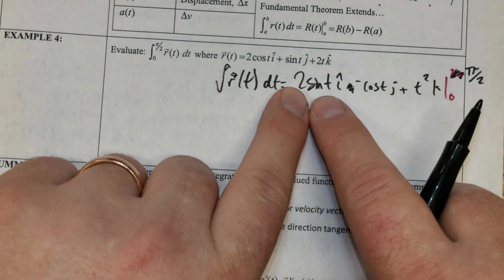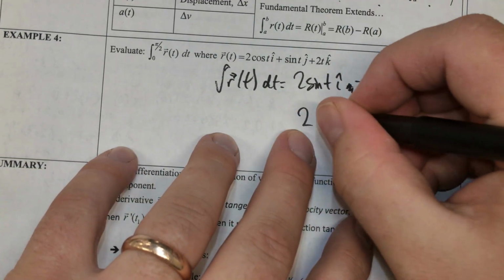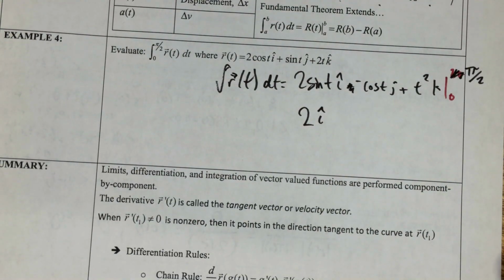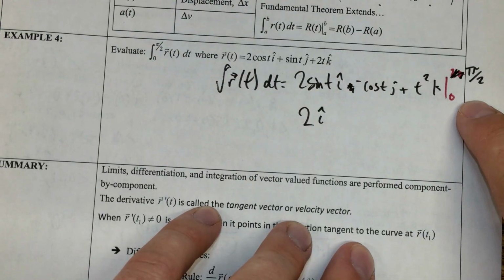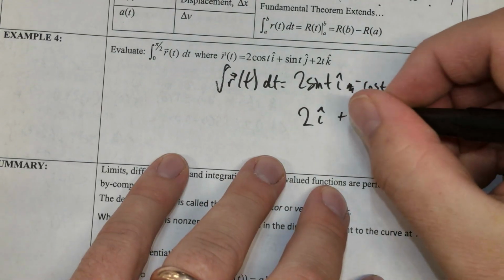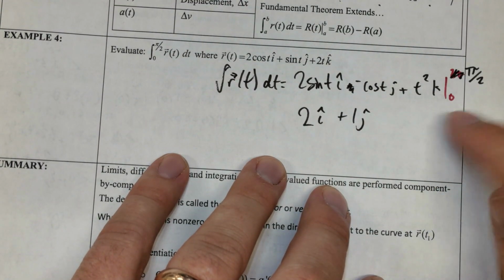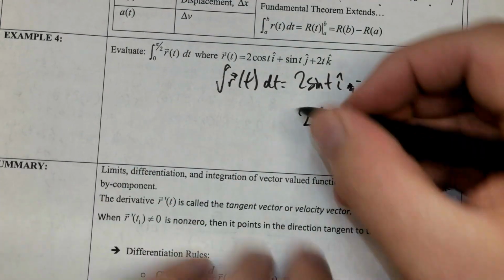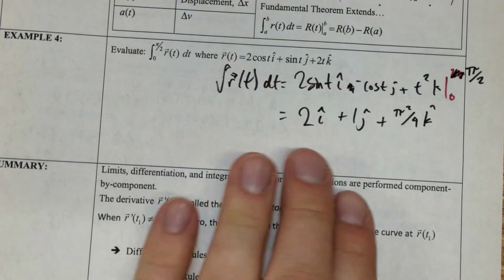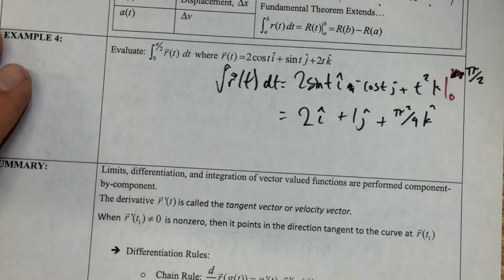Well, sine at pi over 2 is 1, sine at 0 is 0, so this just becomes 2i. Cosine at this is 0, but cosine at 0 is 1, that's subtracted, plus 1j. T squared, that's pi squared over 4 minus nothing, plus pi squared over 4 k. And that's the result, the three areas in the three different directions.